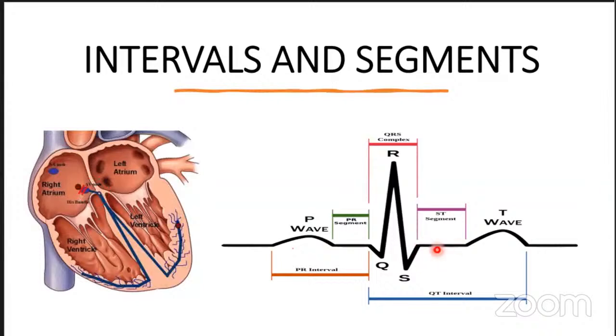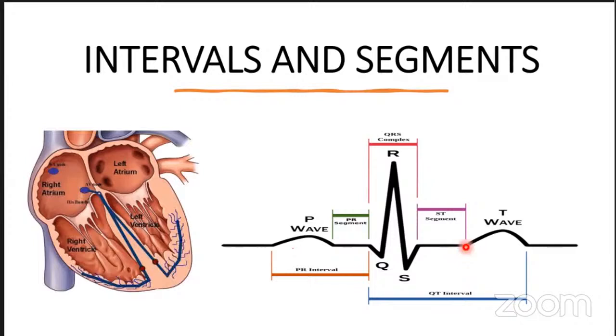And that isoelectric portion here is what we refer to as our ST segment. Again, you want it to always be flat, because we said if the ST segment is elevated, it could be an indicator that a coronary vessel is occluded.